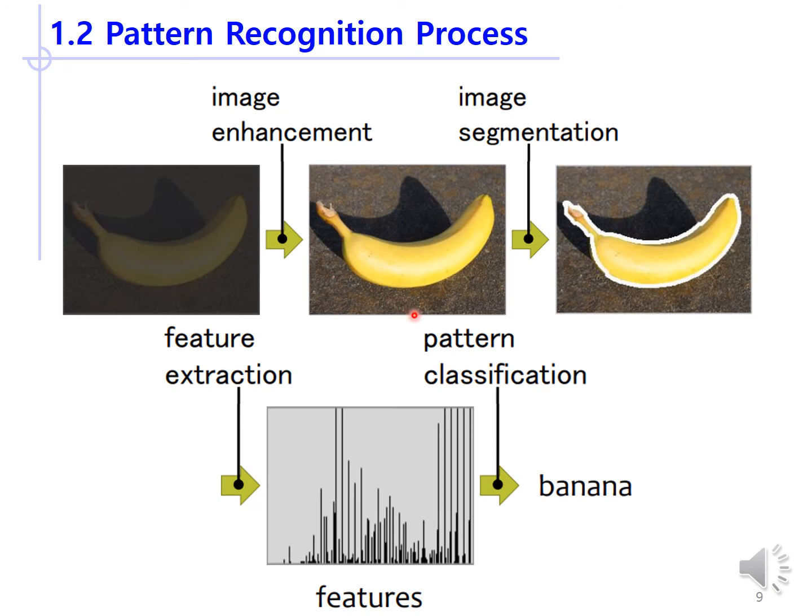We should differentiate these two objects. By the image segmentation process, the contour of the banana is extracted and superimposed on the original image. Then features that represent the shape and color of the banana are extracted. Then the banana is recognized by pattern classification.